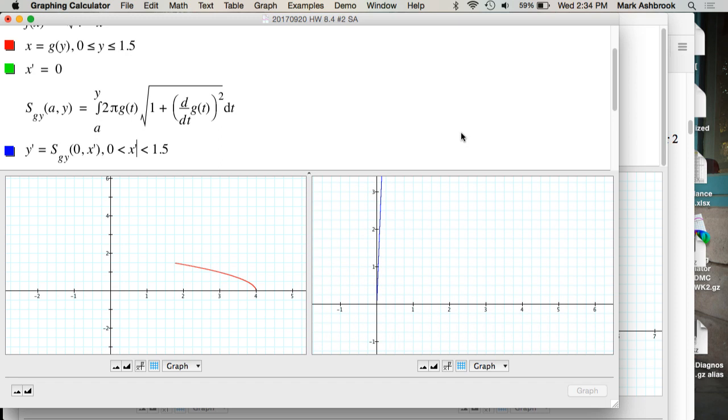It's way out here, away from the y-axis. It's got this huge diameter of 8. That frisbee has a diameter of 8, and that's just generating a lot of surface as it goes around. As soon as you start coming up, you're generating surface quickly. So let's zoom out, make it look a little better.